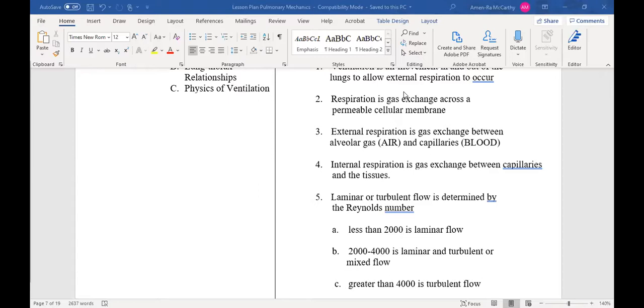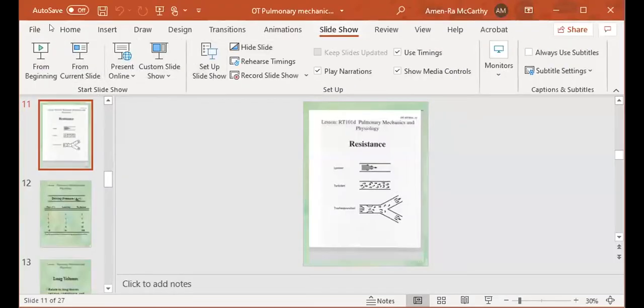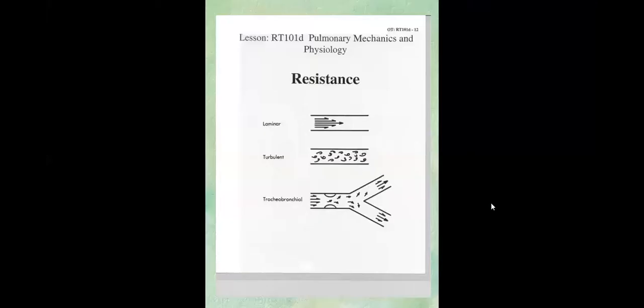I'll show you a picture of that. This is a diagram of laminar and turbulent flow.